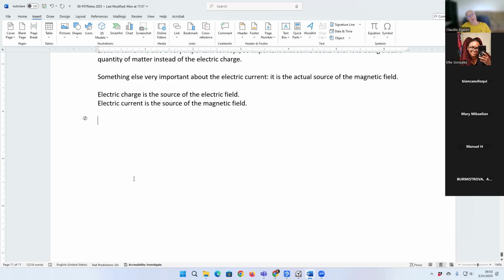Okay. And just like the electric field, we represent the magnetic field as an arrow, as a vector. Just like the E field, we represent the B field as a vector or arrow.